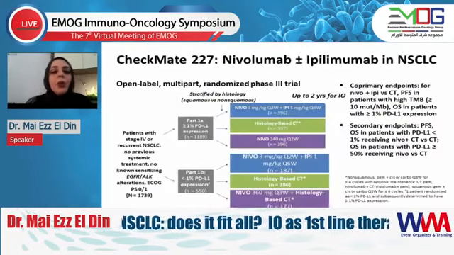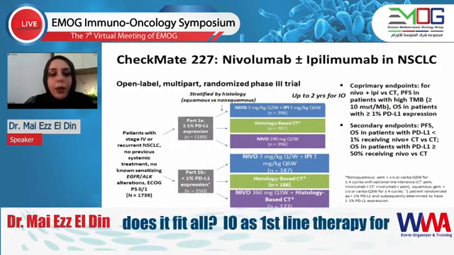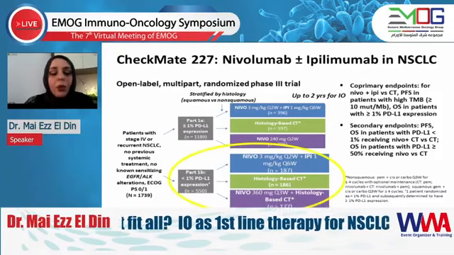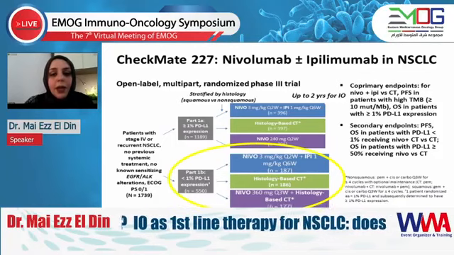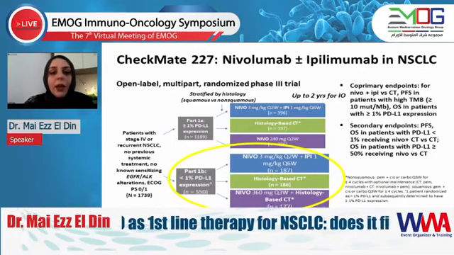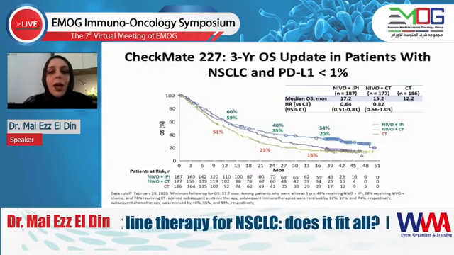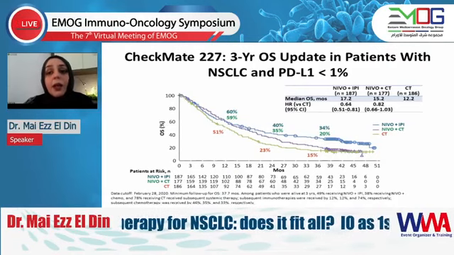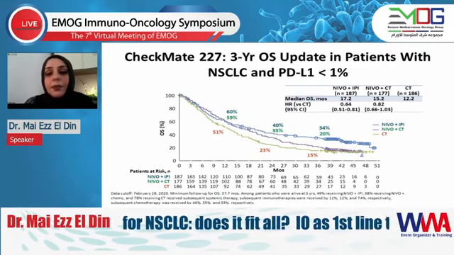Now we come to CheckMate 227, nivolumab and ipilimumab, and nivolumab with chemotherapy, because we are testing patients with PD-L1 expression less than 1% versus our standard of care chemotherapy. And yes, the signal was there. We were expecting chemotherapy with nivolumab to give it that extra push, but not the case.